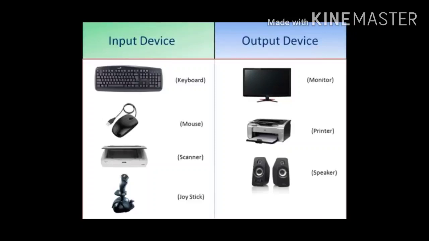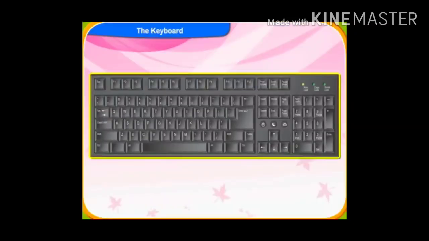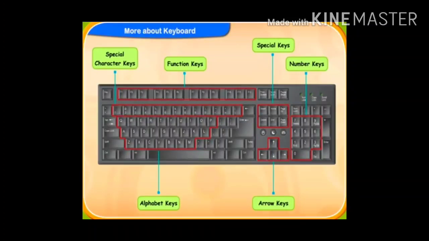What is meant by input devices? Input devices are those that enter information into a computer, and the keyboard and mouse are the most common input devices. One by one we'll see. First, keyboard. The keyboard is a flat rectangular board with more than 100 keys on it.